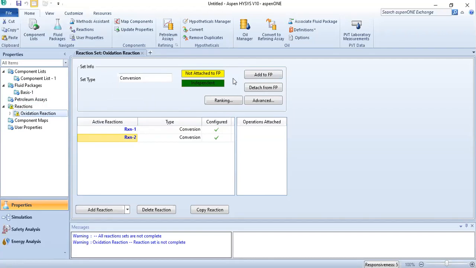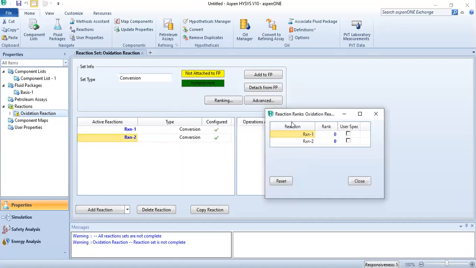Now next, since you have taken two reactions, reaction 1 and reaction 2, even though inside the reactor the reactions will take place simultaneously, you can still rank them in the sense of which reaction will perform first and which subsequently.